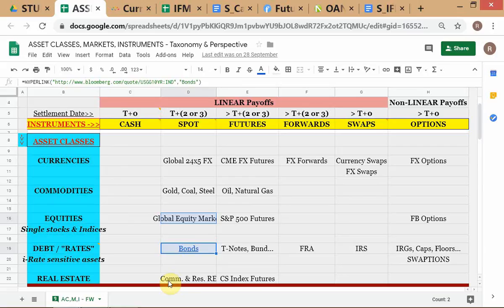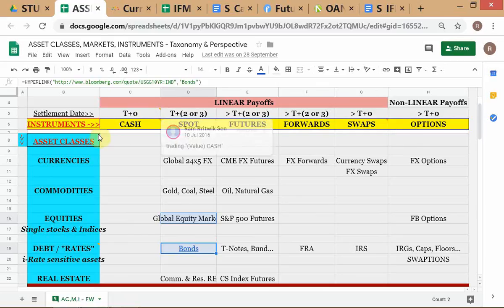So AM is alternative asset management. Alternative asset management is a much more general framework, because in that you can operate in any of these asset classes, any of the instruments. Are you seeing the flexibility, the extra freedom?